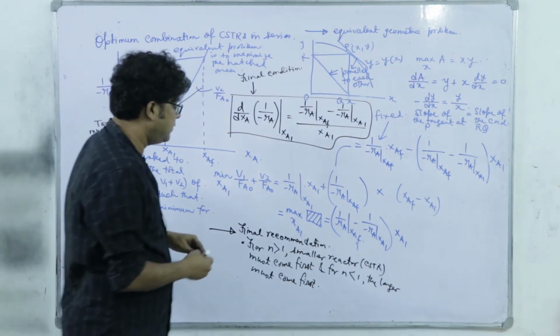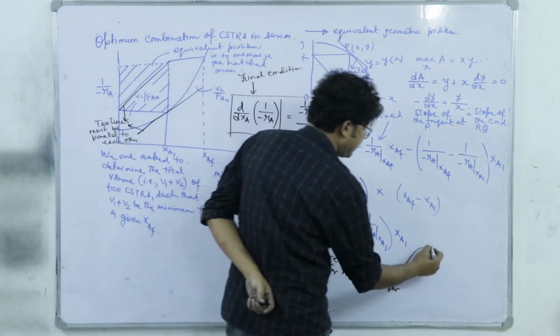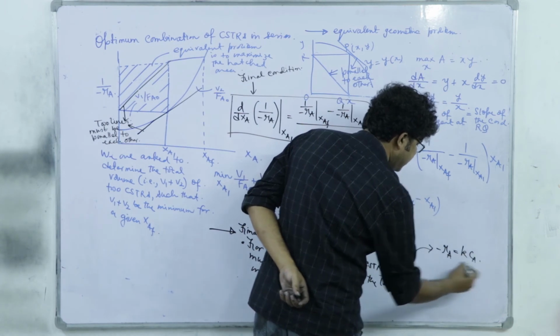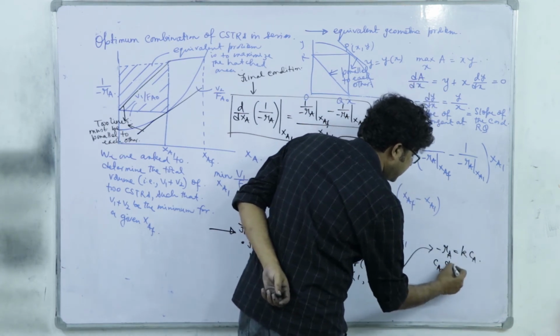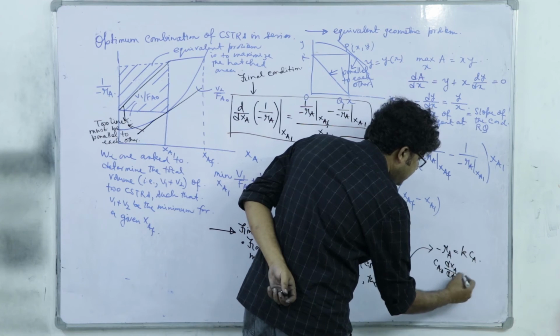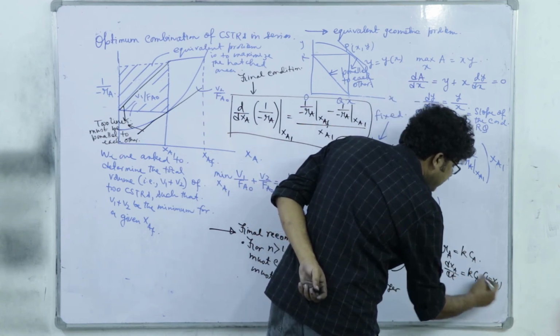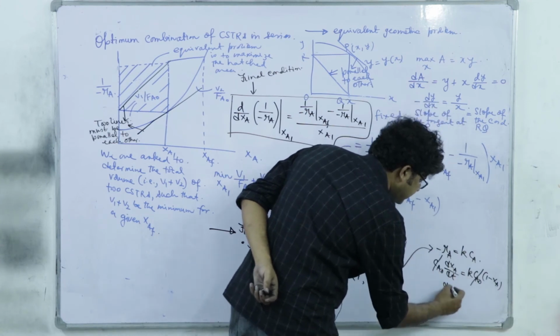it is independent, right. It is independent whether it is larger or smaller. Why? Physically we can explain it. Minus Ra is equal to kCa, right. So, Ca0 into dXa dt is equal to kCa0 into 1 minus Xa. So, it is independent of concentration.